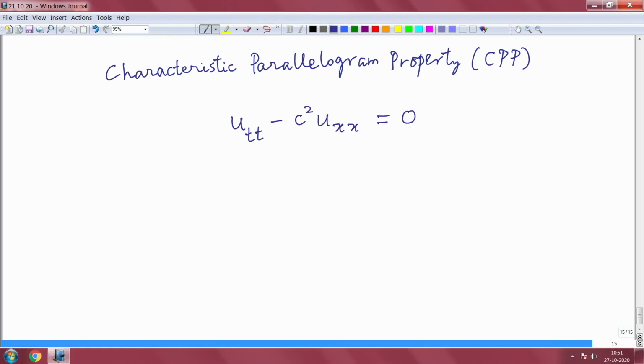Now, you consider a parallelogram, not any parallelogram, but a specific one.